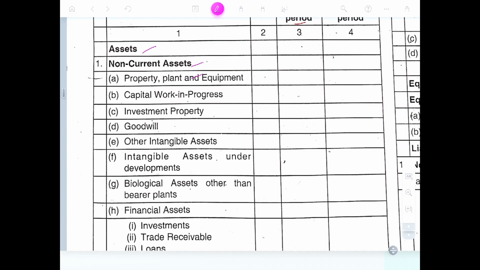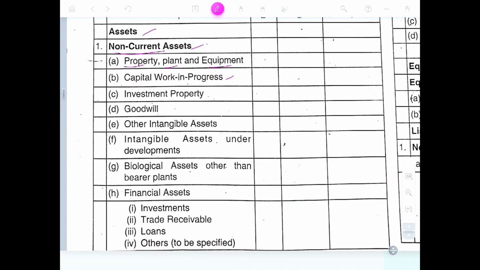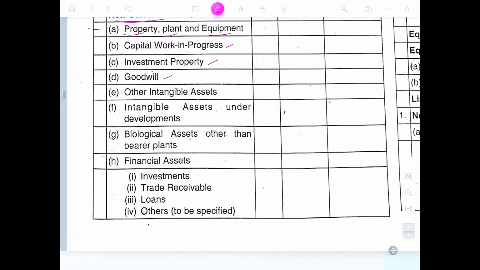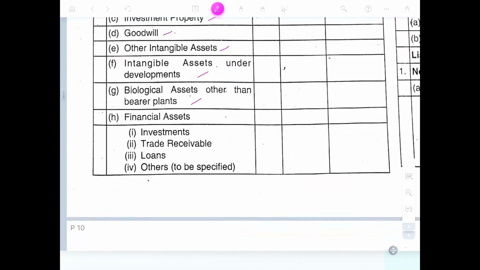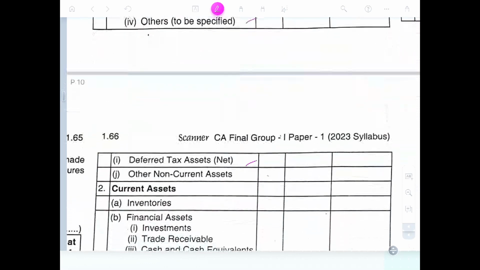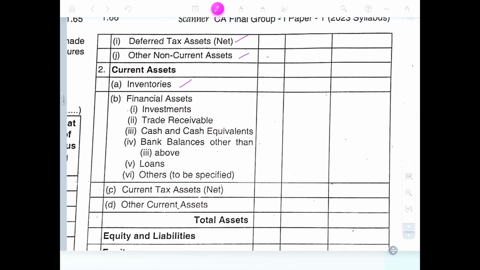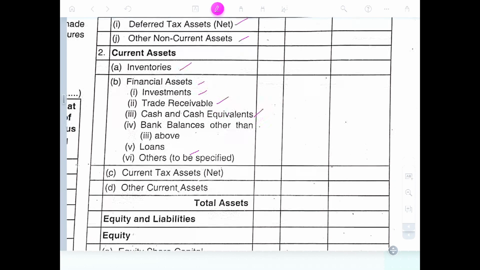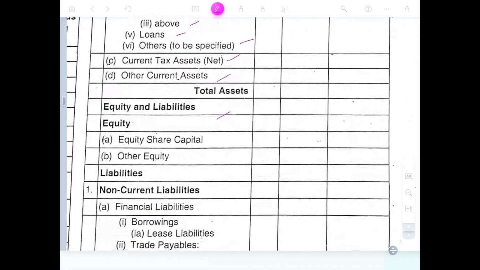Assets, non-current assets: property, plant and equipment, capital work in progress, investment properties, goodwill, other intangible assets, intangible assets under development, biological assets other than bearer plants, financial assets: investments, trade receivables, loans, and others to be specified. Deferred tax assets, other non-current assets. Current assets: inventories, financial assets: investments, trade receivables, cash and cash equivalents, bank balances other than above, loans, others to be specified. Current tax assets, other current assets, total assets.